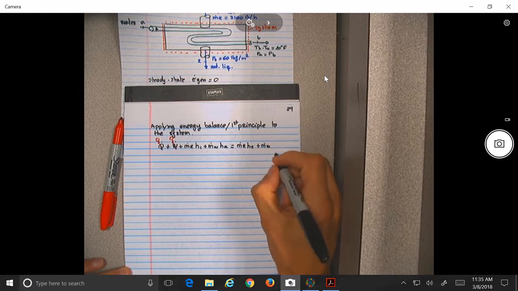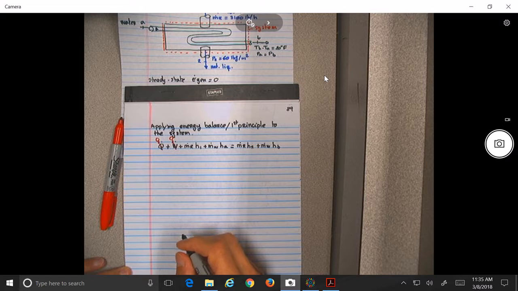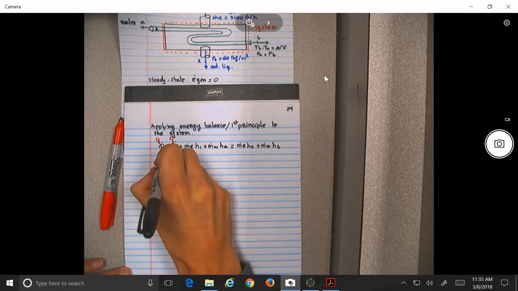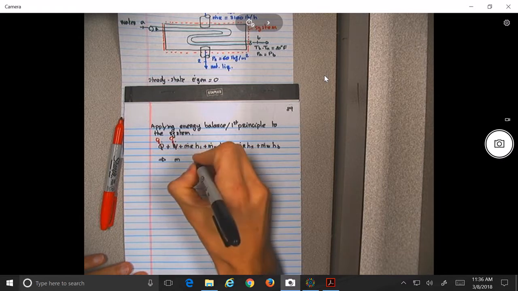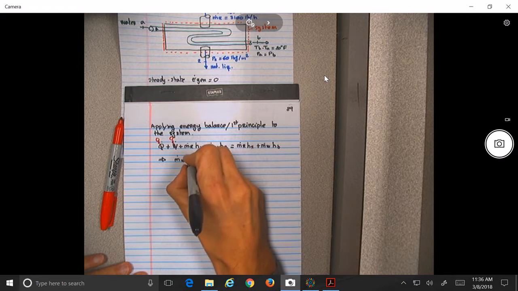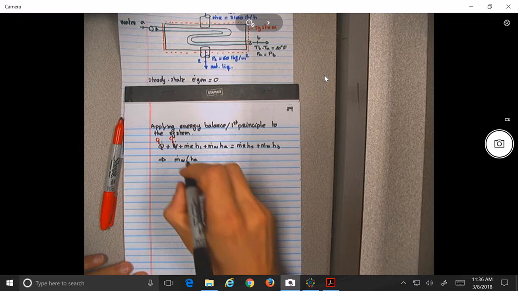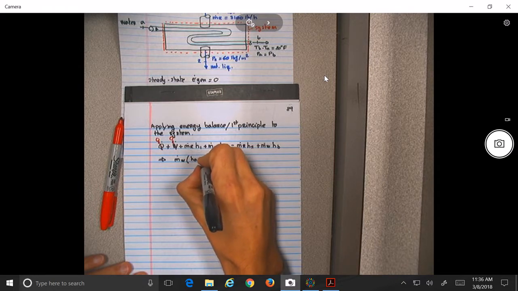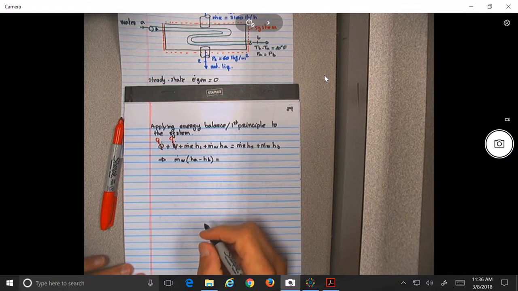M of water at H sub B. So basically, over here I could rewrite this as M sub water times H sub A minus H sub B. Maybe I should have done it the other way, but it doesn't matter.